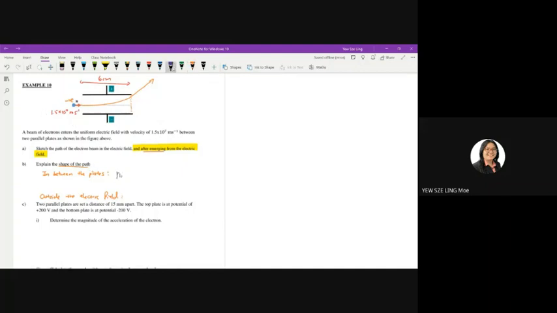The shape of the path is a parabolic path. Why? Because it asks you to explain, so you need to tell it why.